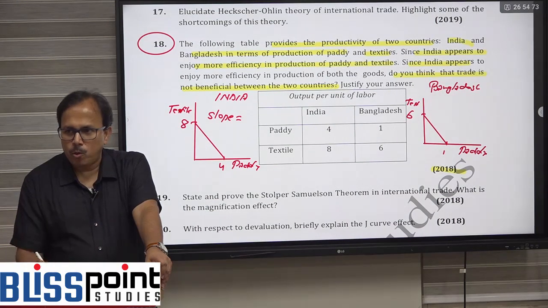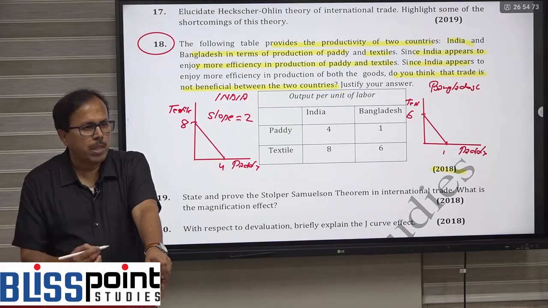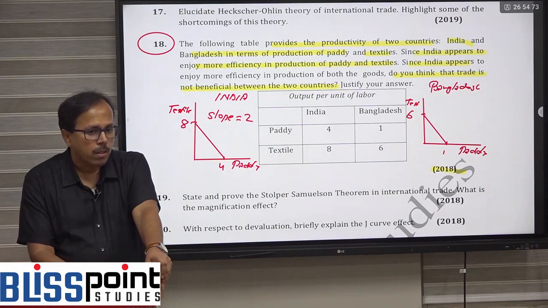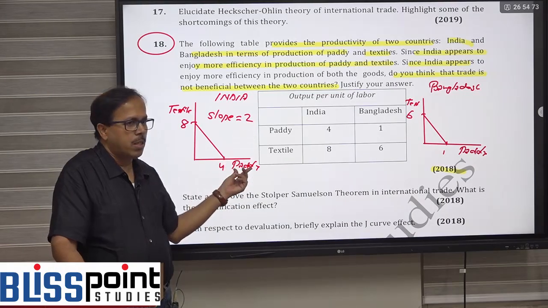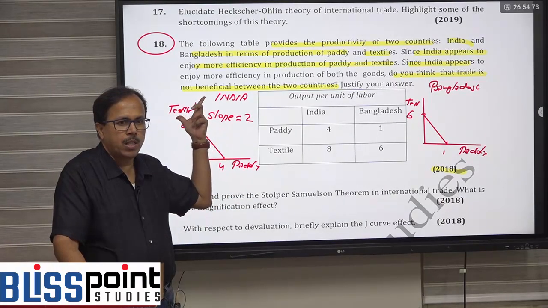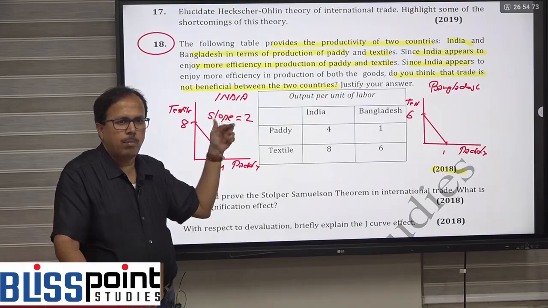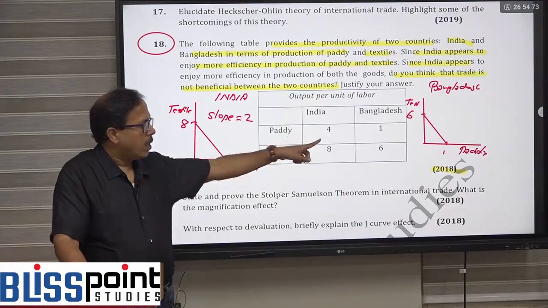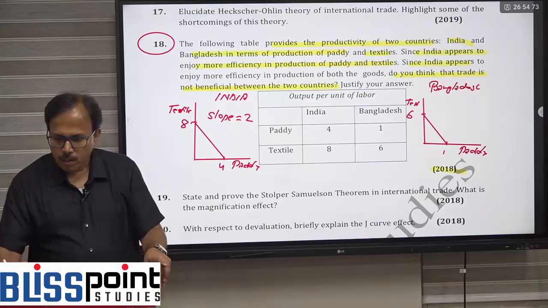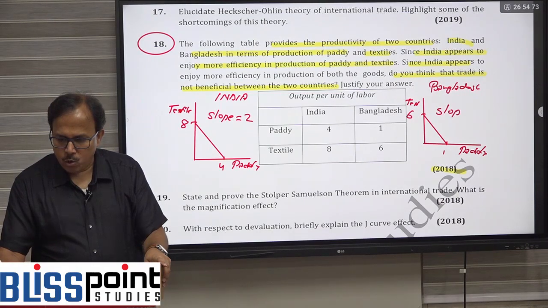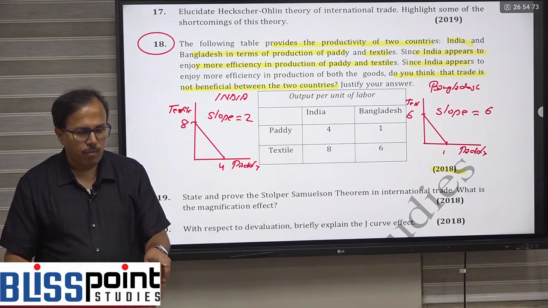Slope is 8 by 4, that is 2. And slope measures what? Opportunity cost of the product written on the x-axis. So 2 is opportunity cost of paddy. So what is opportunity cost for textile? Inverse of it, 1 by 2. And there 6 and 1 by 6. Here you find slope as 6.